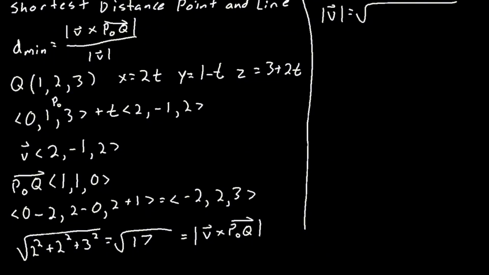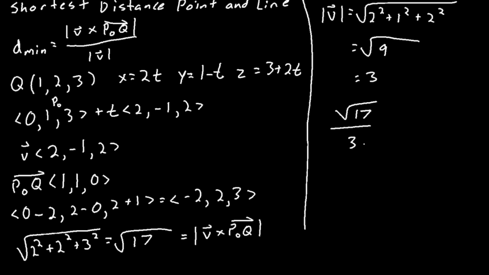Square root of 2 squared plus 2 squared plus 1 squared, which is equal to the square root of 9, which is equal to 3. So we just plug in all of our values. The square root of 17 goes on top because that is the magnitude of the cross product, and then we fill in 3 at the bottom.